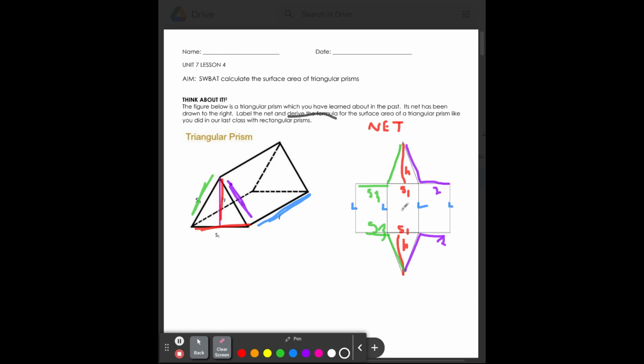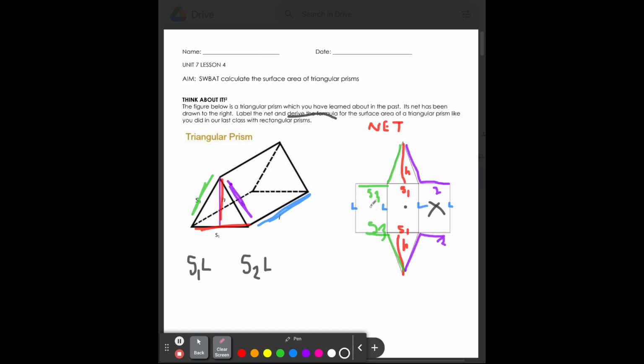Well, to begin with, let's start with 1. If we're looking at this rectangle here where I put the dot, it's going to be side 1 times the length. I'm going to draw an X over here. If we wanted to find the area of this face, it would be side 2 times the length, because it's length times width to find the area of a rectangle.